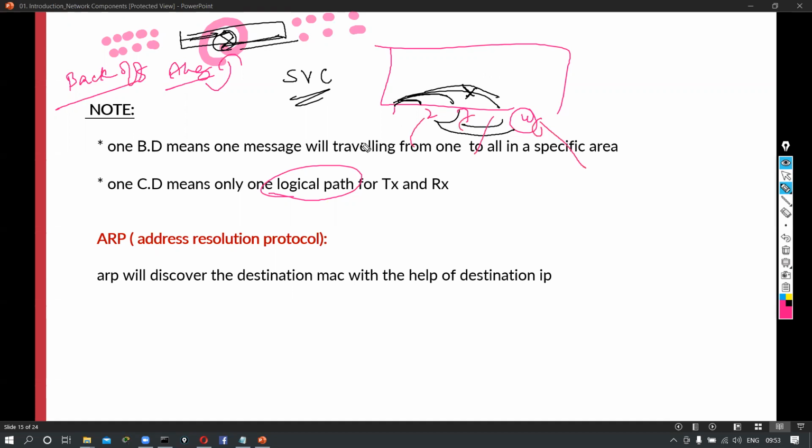Same here: once this accident is cleared, only then can these vehicles move. Correct or not? What about if we have a ring road? This is not a narrow road. We have a ring road. So many paths are there, and they can go on different paths. That is possible in the switch. Logical paths are available.